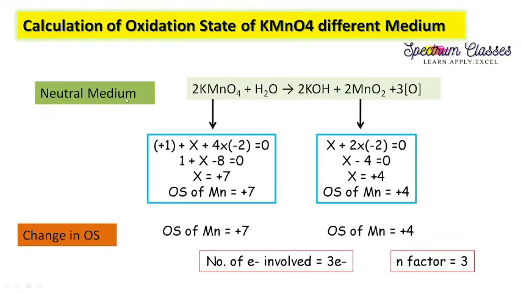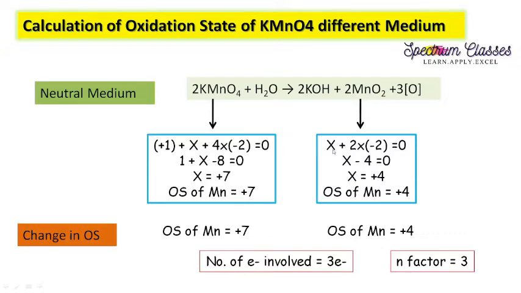Now coming to the neutral medium. In the neutral medium, we have 2KMnO4 plus H2O, which gives you 2KOH plus MnO2 plus 3 nascent oxygen, right? We have previously calculated the oxidation state of Mn in KMnO4, that is +7, and for MnO2 we are calculating this.